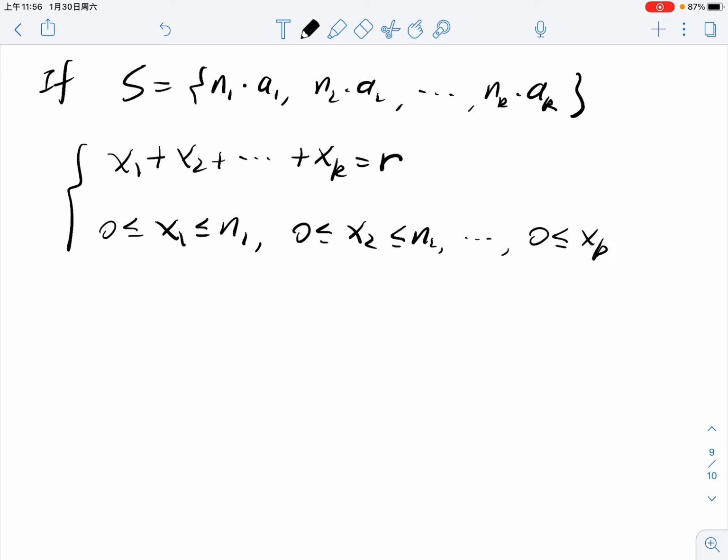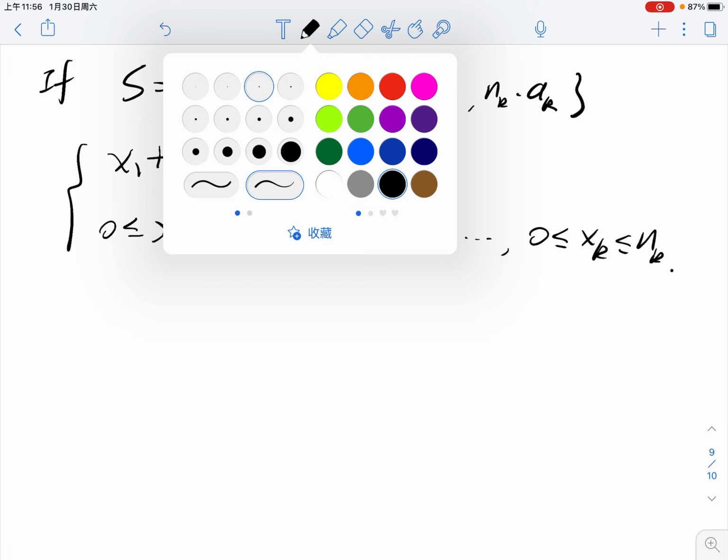That is, you have upper bounds for x1. Recall that if n1, n2, nk are infinity, then you don't have an upper bound. You only require they are non-negative. Okay, so the equation you have is like this.